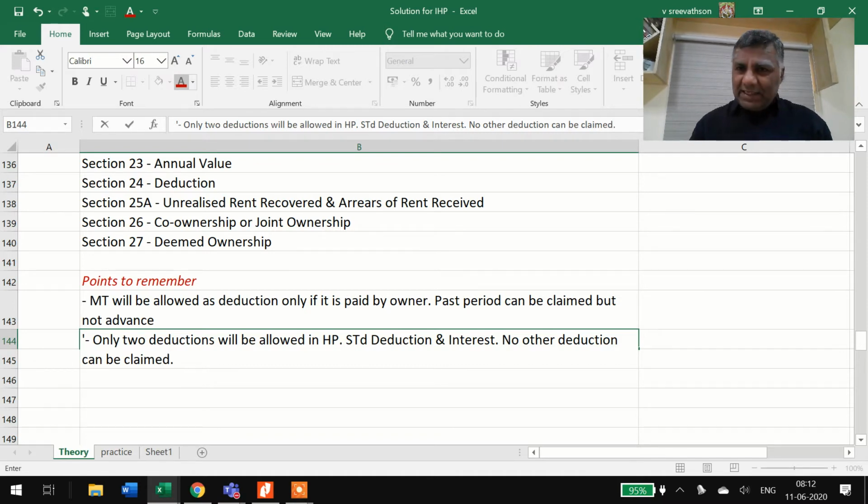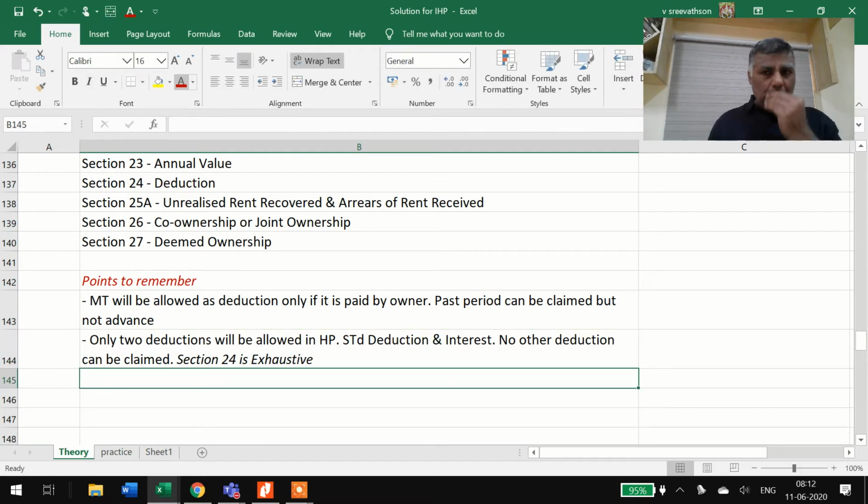We have a technical terminology: section 24 is exhaustive. That's all. I told you about inclusive, where you can go on including. Exhaustive means you cannot. Section 24 is exhaustive, which means only two deductions.